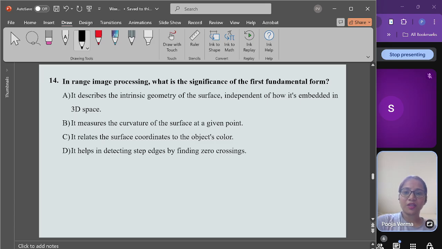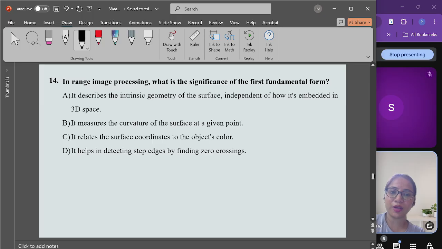Our next question is, in range image processing, what is the significance of the first fundamental form? So options are: A, it describes the intrinsic geometry of the surface independent of how it's embedded in 3D space. Option B is, it measures the curvature of the surface at a given point.